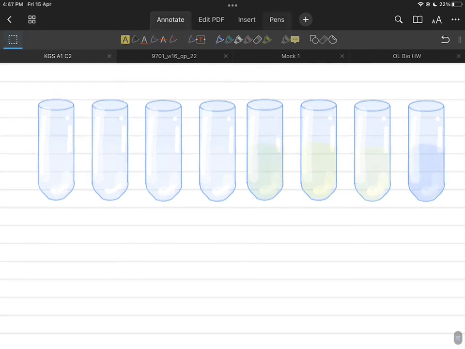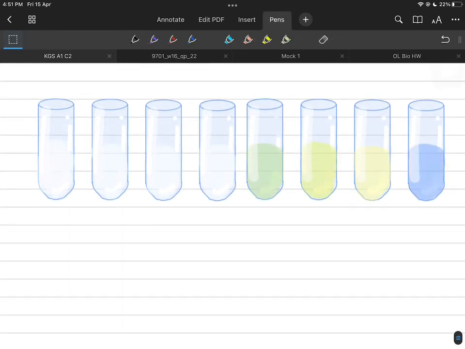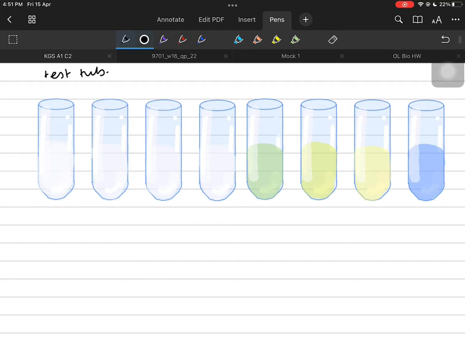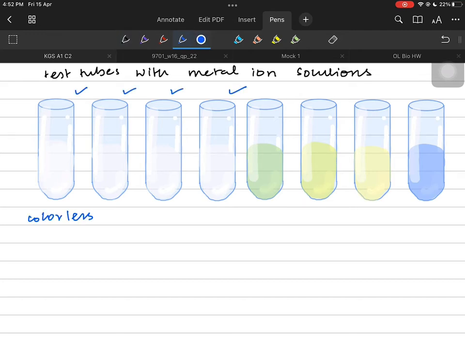Now imagine you have 8 test tubes, each with a solution of a specific cation. These test tubes could have calcium, maybe chromium, maybe iron 2+, maybe iron 3+, but there is only one cation in each test tube. The first thing you notice is the presence of colorless solutions in the first 4 test tubes.